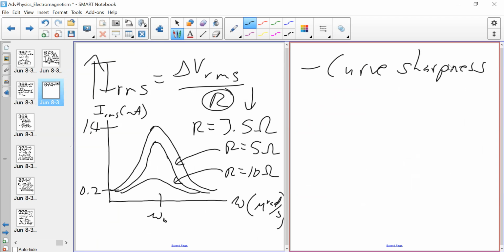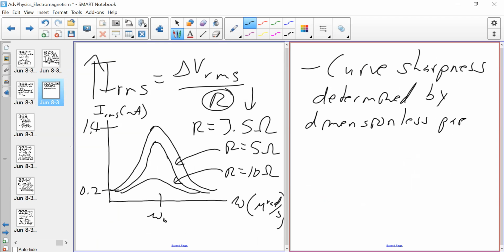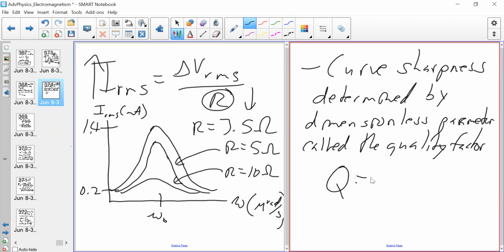The curve sharpness is determined by a dimensionless parameter called the quality factor, or Q equals omega naught over delta omega, which is your omega minus omega naught.